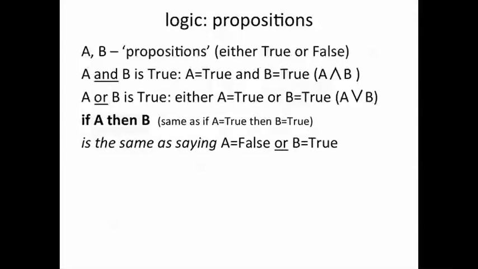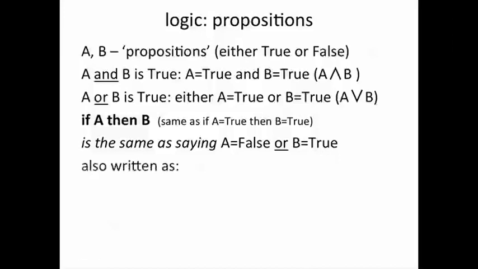Well, the really important part about logical reasoning or classical logic is that saying that if A then B is exactly the same thing as saying that either A is false or B is true. Now, this requires a little bit of thought.